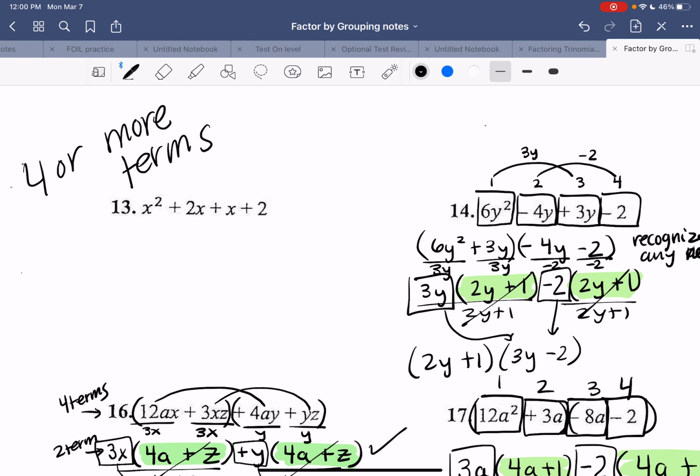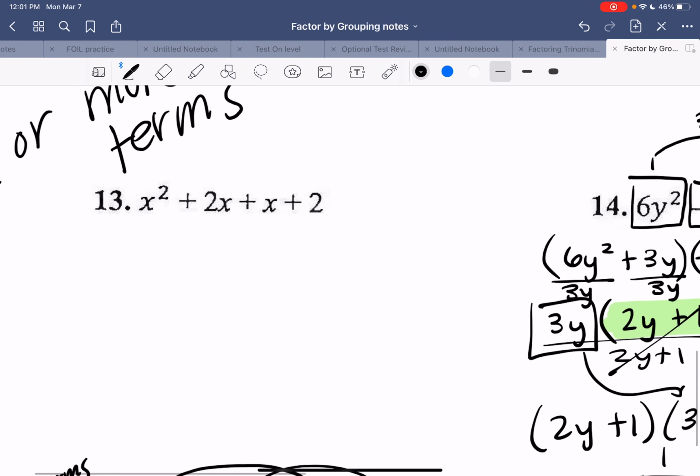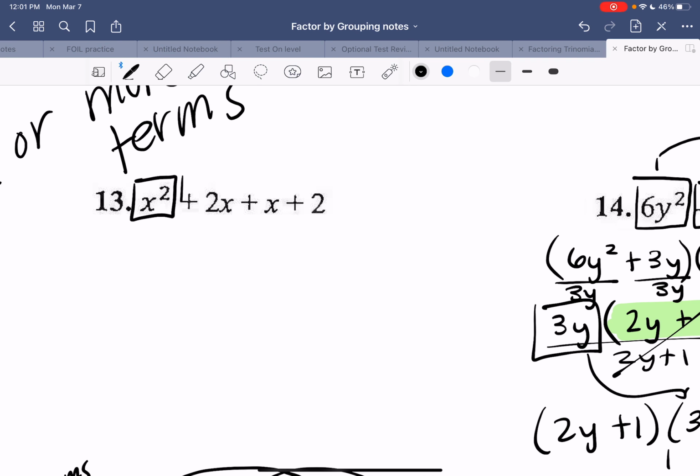There are two ways to look at this. You could use these as my two groups, except I would have to see that my common factor is actually just 1. The problem there is that people forget about the 1. So I'm going to show you another way to write this one so that my terms are in the correct order: 1, 2, 3, and 4.